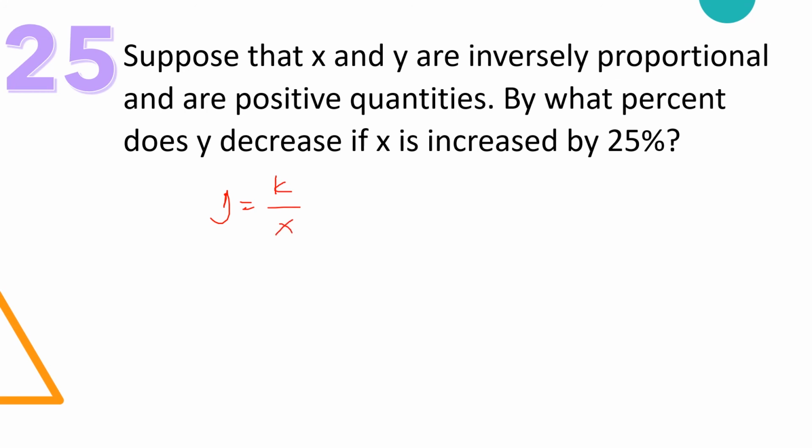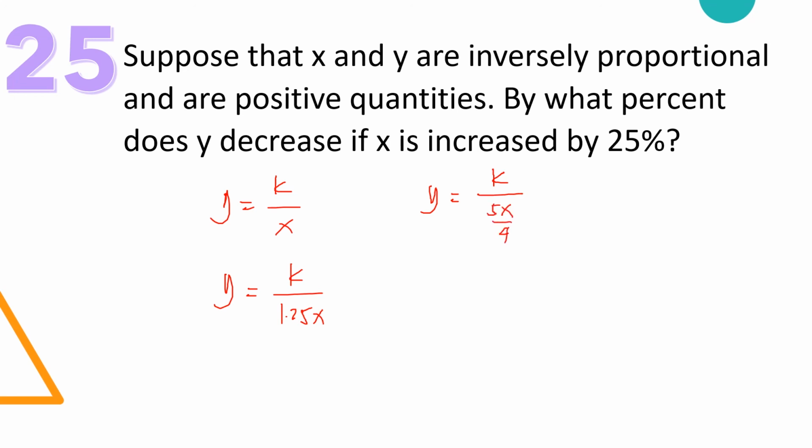Since x is increased by 25%, the variation will be y is equal to k over 1.25x. 1.25 is 5 over 4. Then we have k over 5x over 4.